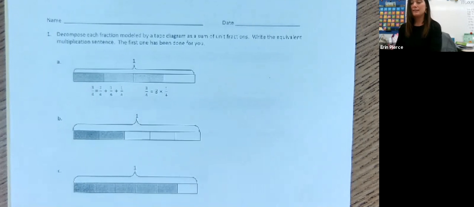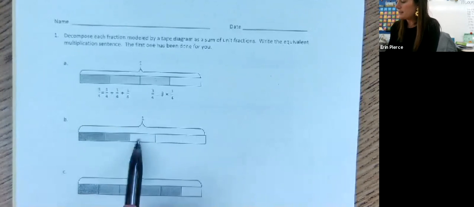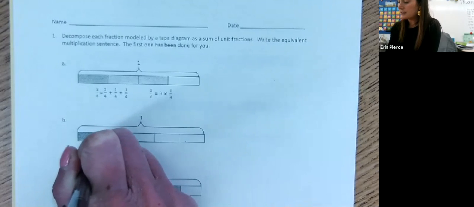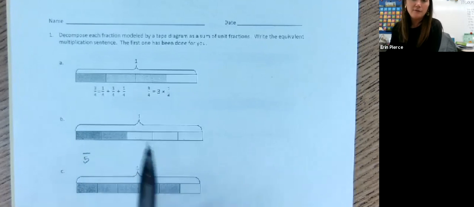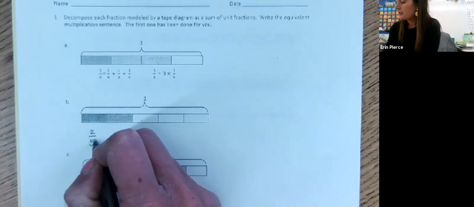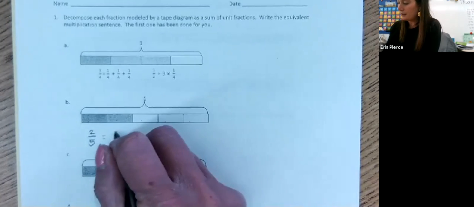Now let's check out this next one. I'm going to do B with you. B, we have 5 pieces. So that means my fraction is fifths. And I have to look how many of those fifths are shaded. That's 2/5. So my unit fraction for fifths is 1/5.